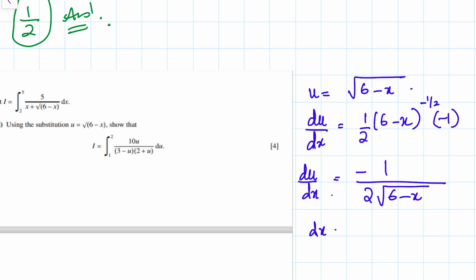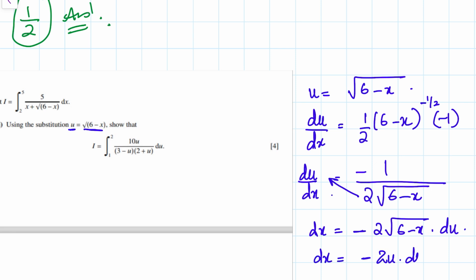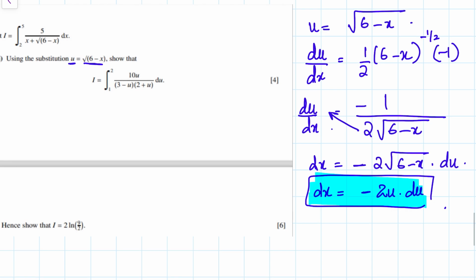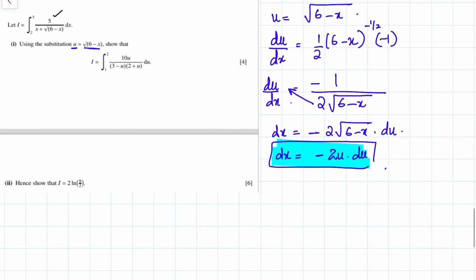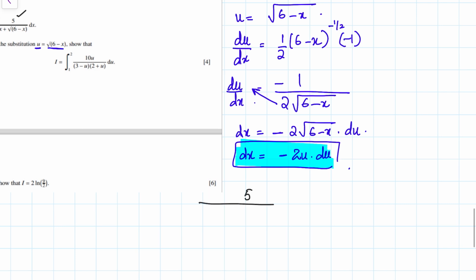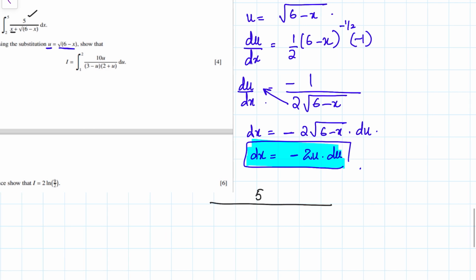So dx becomes minus, this goes on the other side. Now, since we know that u equals square root 6 minus x, I can write it as minus 2u dot du. Now, this is very important, whatever I've done so far in this question. Now, the next thing is, let's put in the substitution in the function. 5 divided by, how will I put the substitution in place of x?